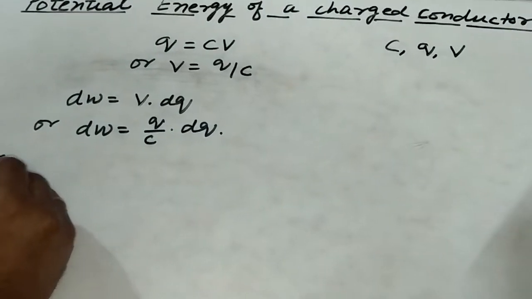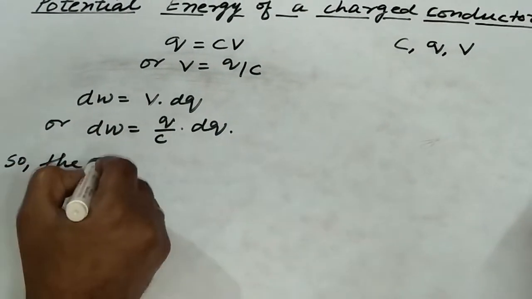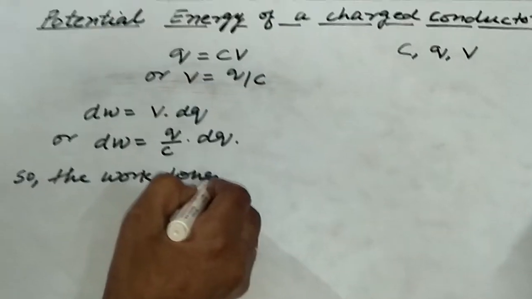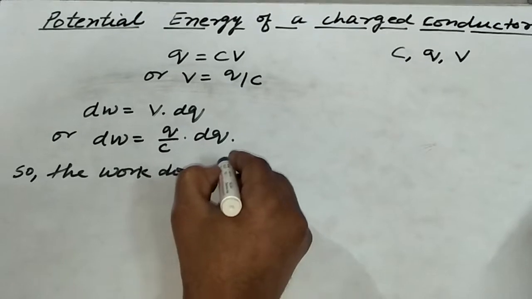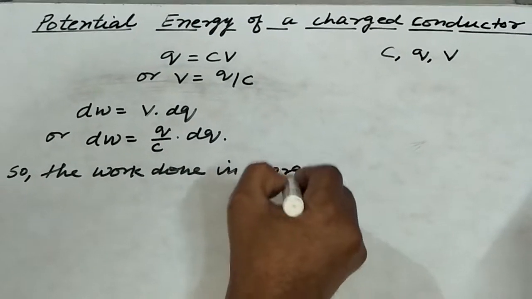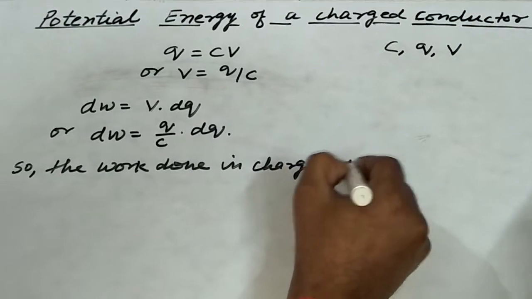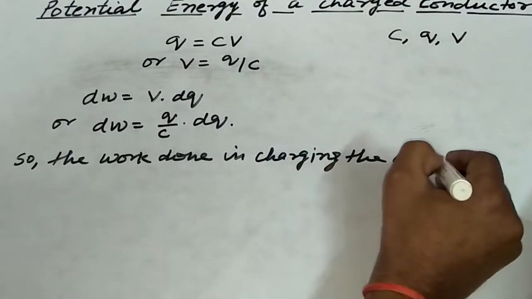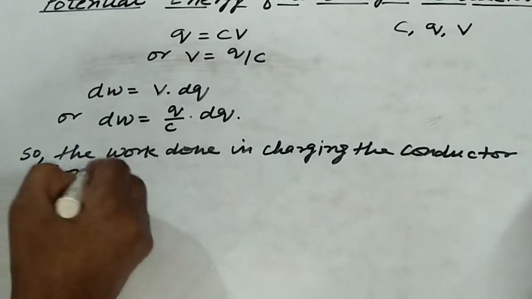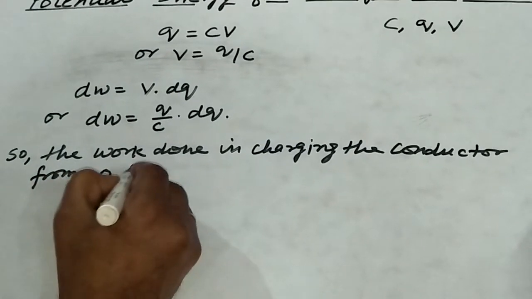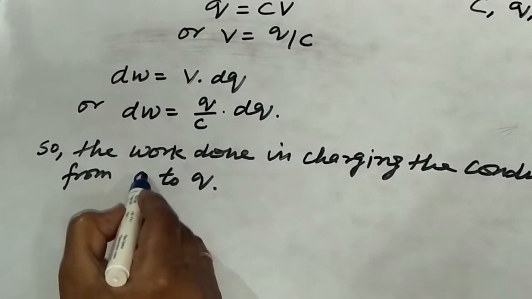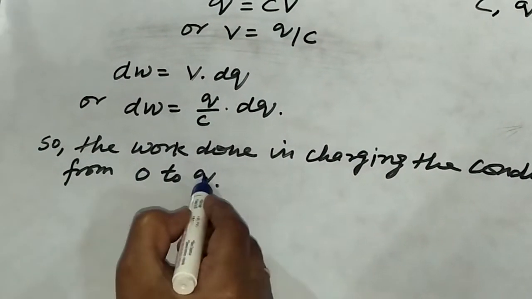So the work done in charging the conductor from 0 to Q. 0 to Q means earlier the conductor was uncharged, and finally the charge Q is given to it.